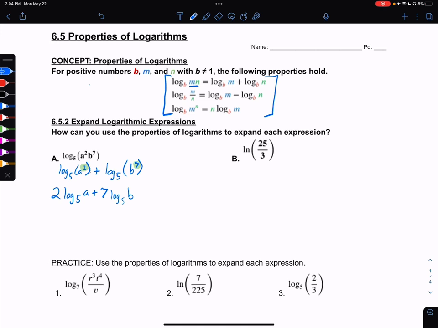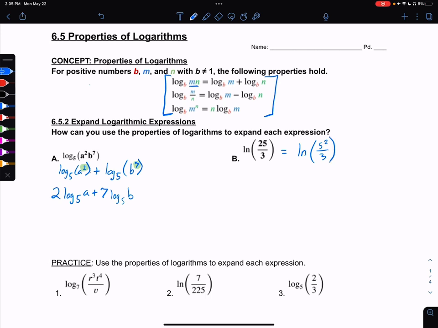So one of the first things you want to do, and you might find this a little silly, and you could do this as the second or third step, but one of the things you always want to look at is if you can rewrite any of the numbers, in this case the 25 over the 3, as a number with a power. So what we mean by that is 25 is equivalent to 5 squared. So we're going to rewrite that 25 as 5 squared.